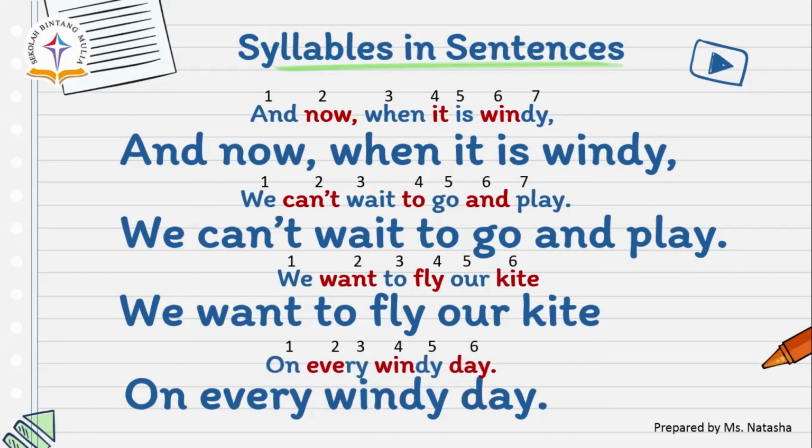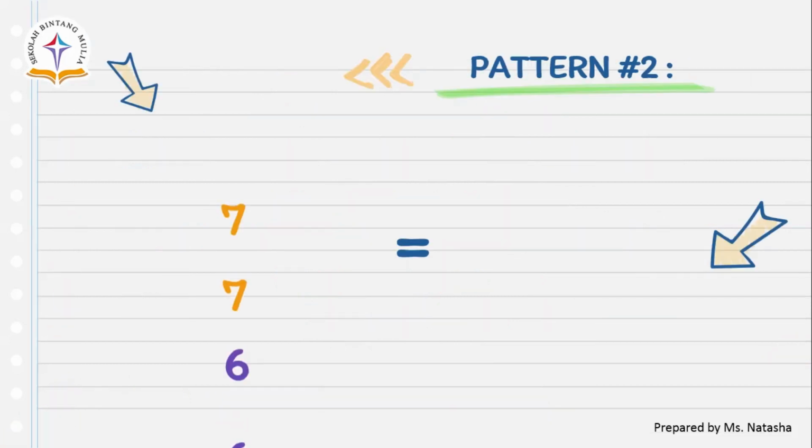On every windy day. Another 6 now. This is a little bit different than the one we had before. 7, 7, 6, 6. Now this pattern is different than the one we had before.